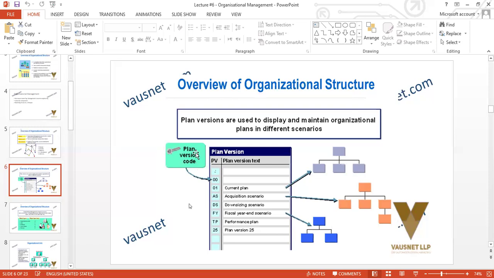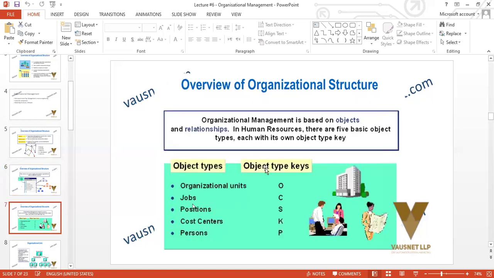We've already seen the plan version code, how it is implemented. And we will see how to configure units, the related jobs, plus the positions, because jobs and positions are interrelated. Jobs basically describe and define the positions, and positions are occupied by persons.